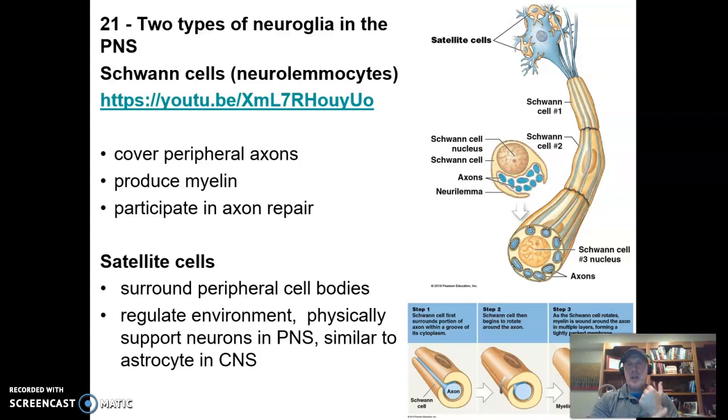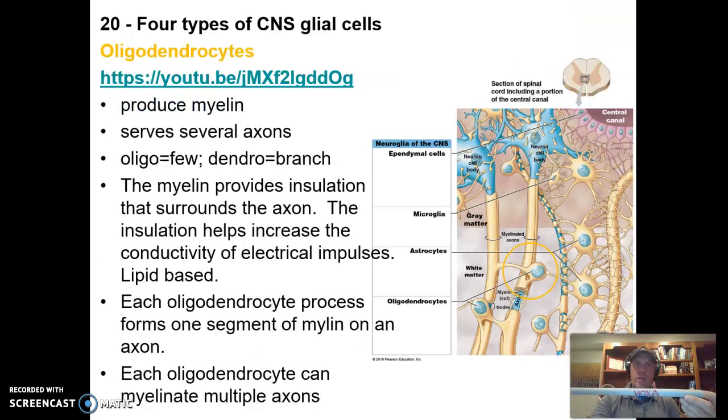And the Schwann cells are what actually cover the peripheral axons. So if you think back to this example of the axon, Schwann cells are what actually cover peripheral cells. Again, I would probably put this on a quiz question somewhere and look at, okay, you have oligodendrocytes.